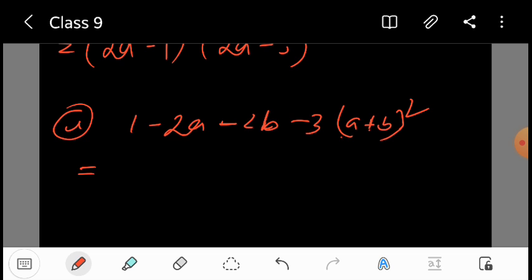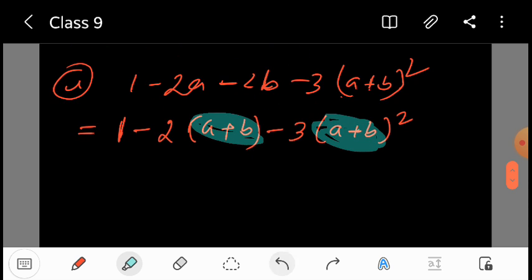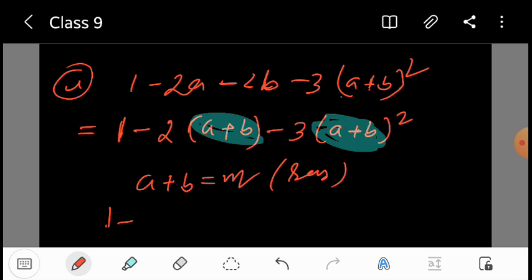So for this, if I take 1 minus and take 2 as common, it will be a plus b, and minus 3, and this is again a plus b whole square. So you can see that this expression and this expression are the same, and if I consider this as m, we'll have 1 minus 2m minus 3m square.